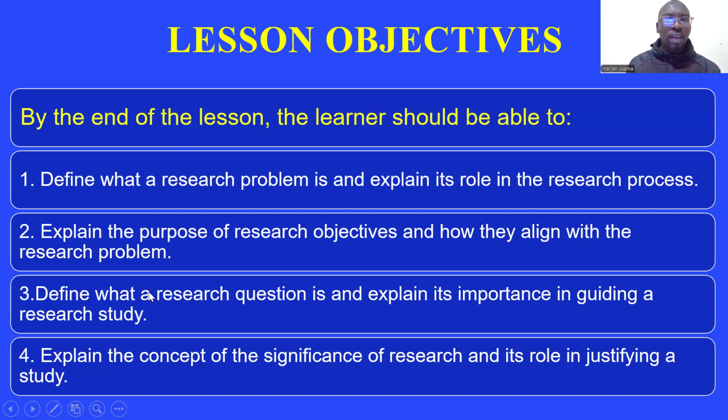Then number three, define what a research question is and explain its importance in guiding a research study. Then lastly, explain the concept of the significance of research and its role in justifying a study. So these are our lesson objectives today.